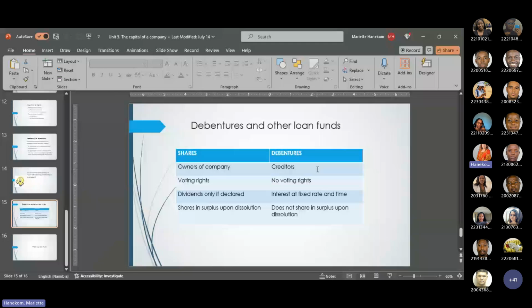Dividends depend on the directors. When the company is wound up, shareholders will share in the surplus, the amount that is left after the debts have been paid. Debenture holders, however, do not share in the surplus. Okay, and that's the entire unit.